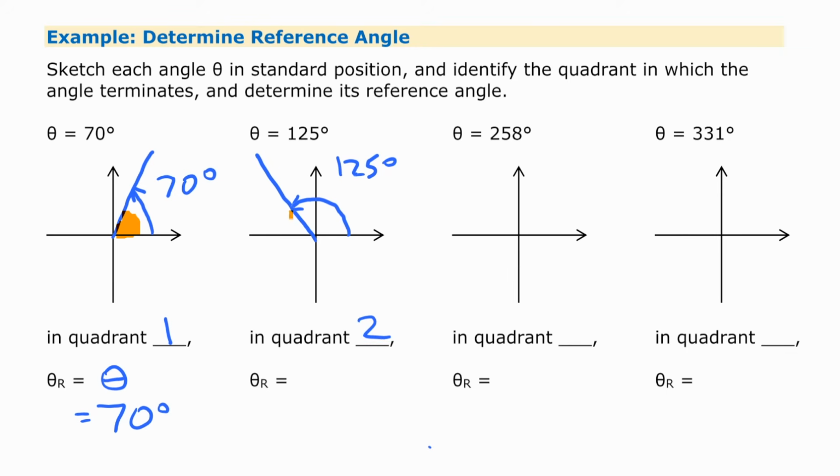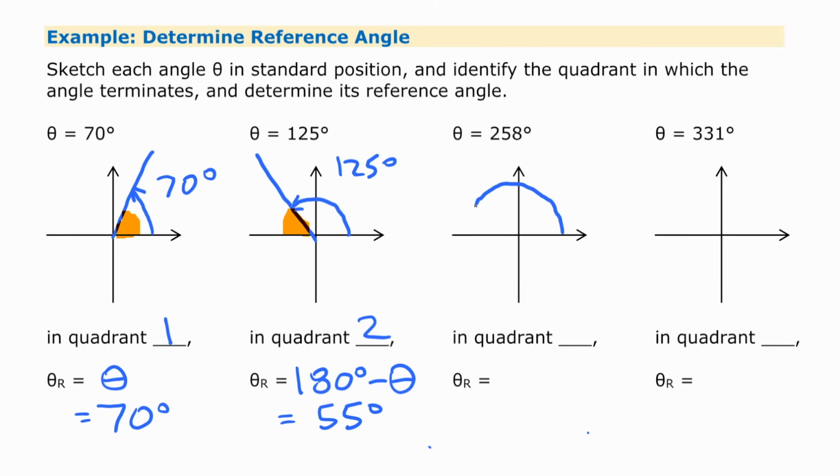In quadrant 2, the reference angle is that little angle in there, forward to the x-axis. So to find it, we take 180, halfway around, and then subtract 125, and that gives us this leftover part here, which is the reference angle. So theta r is equal to 180 degrees minus theta, or in other words, 55 degrees.